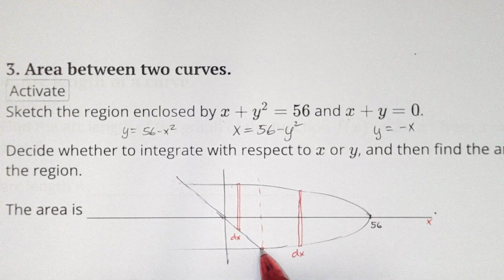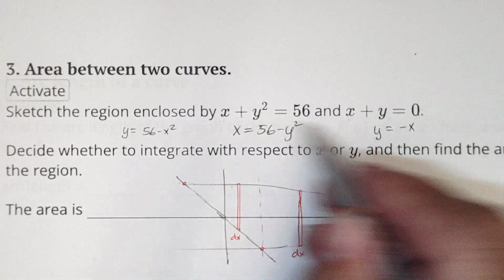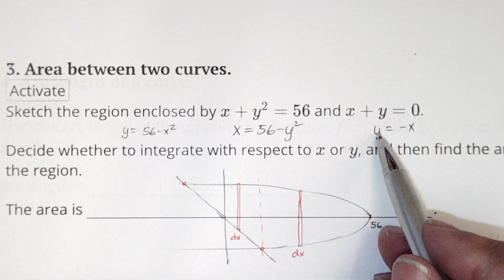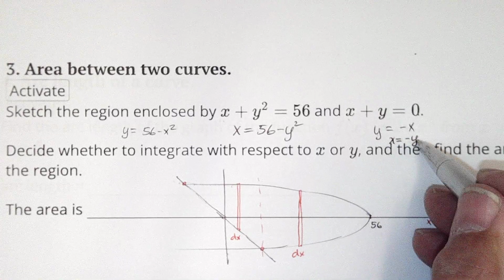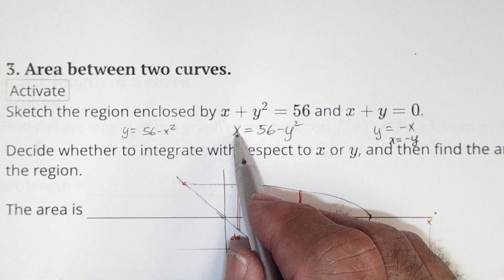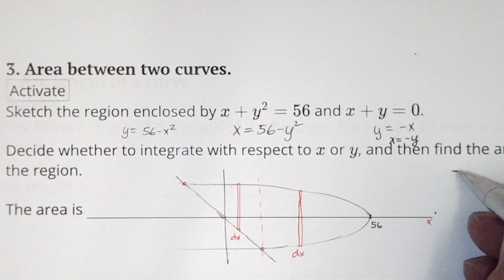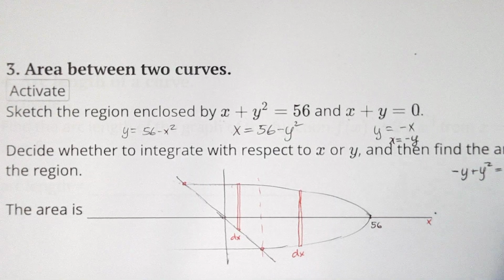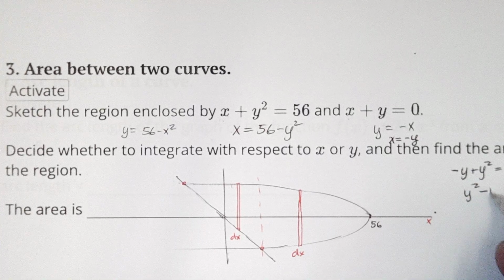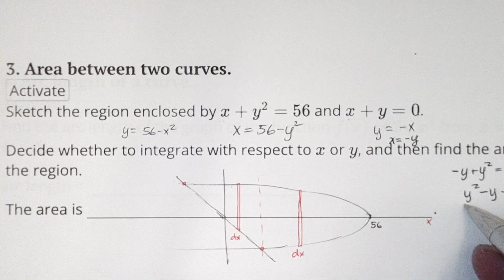Now, I need to know where these intersect. So I'm going to take a moment and go to the side here and find out when these are equal. So y is equal to negative x, or x is equal to negative y. So I put negative y in for the x here. So I get negative y plus y squared equals 56. If I subtract 56, I get y squared minus y minus 56 equals 0.